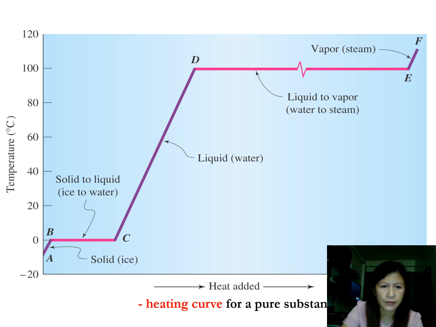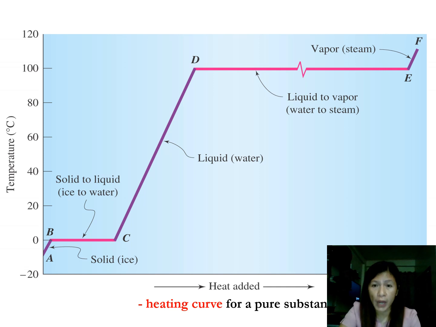So you started from point C, that's 0 degrees Celsius. As heat is being absorbed by melted water or melted ice that is already in water, nagkakaroon ka ng rise in temperature to 20, 40, 60, 80 until you reach 100 degrees Celsius.